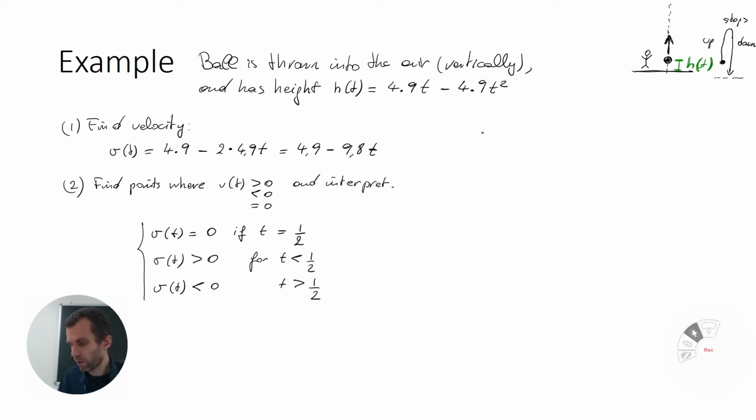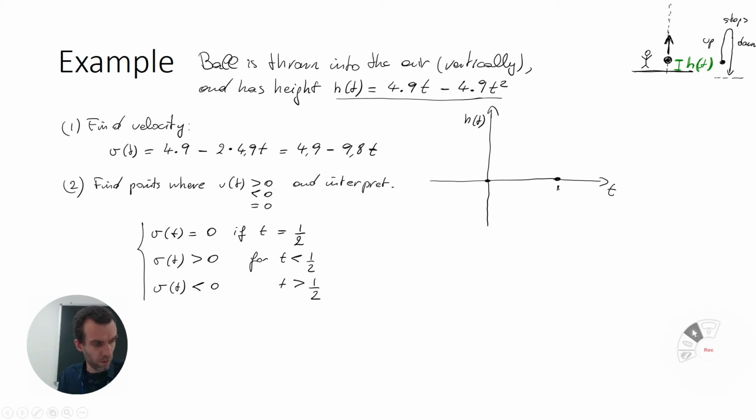And we can study that a little bit more if we graph the various quantities. So I'm going to draw two graphs. On the first, I will put h of t as a function of time. And so what I have for h of t is that this is a nice parabola. In particular, it has zeros at 0 and 1.